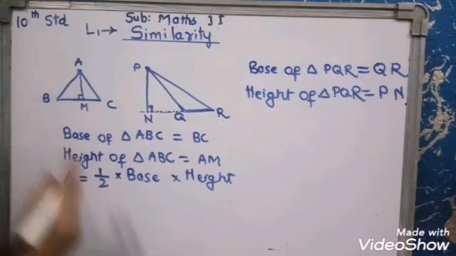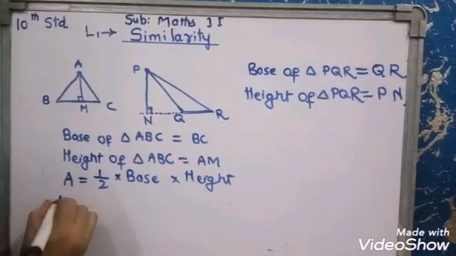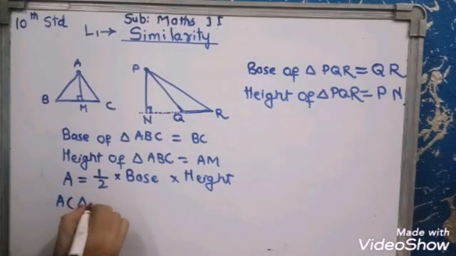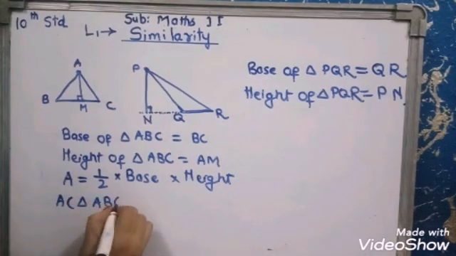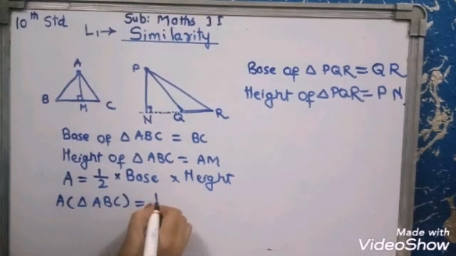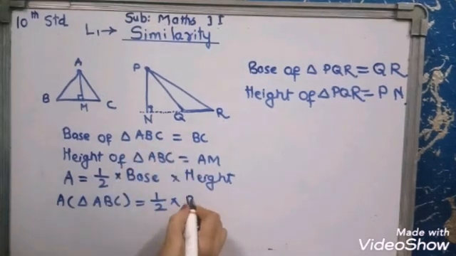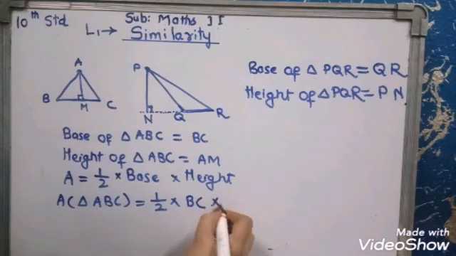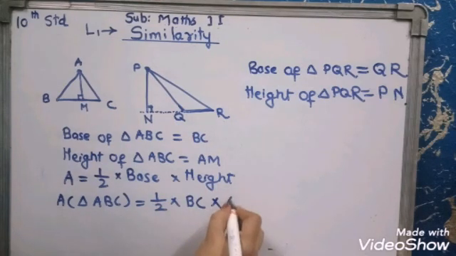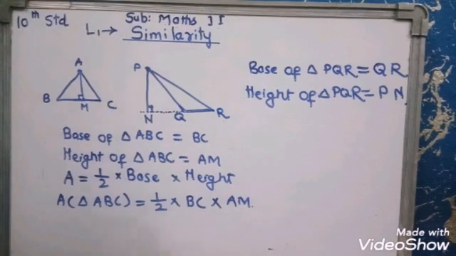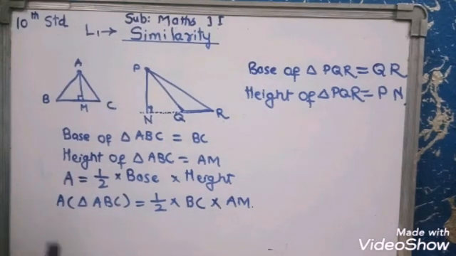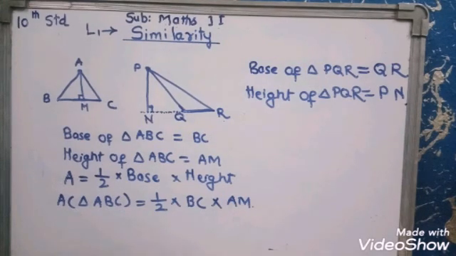For triangle ABC, area of triangle ABC is equal to 1/2 into base into height, where base of triangle ABC is BC and height of triangle ABC is AM.